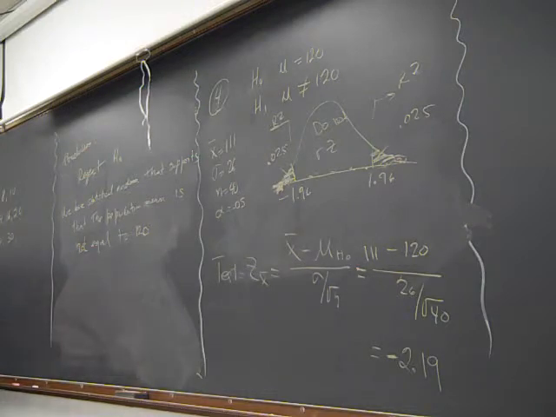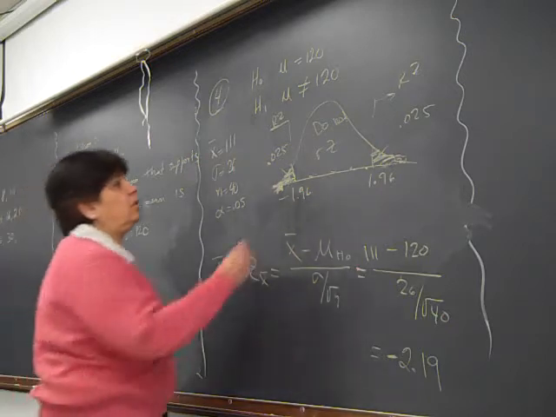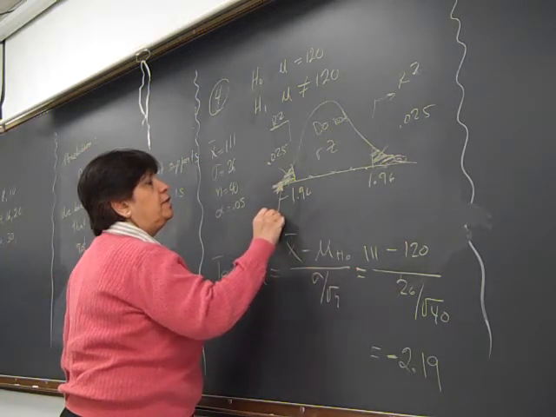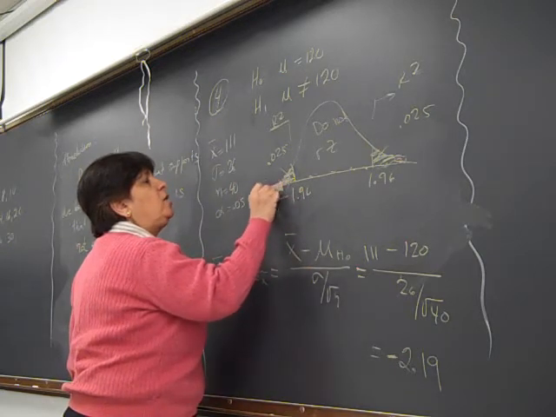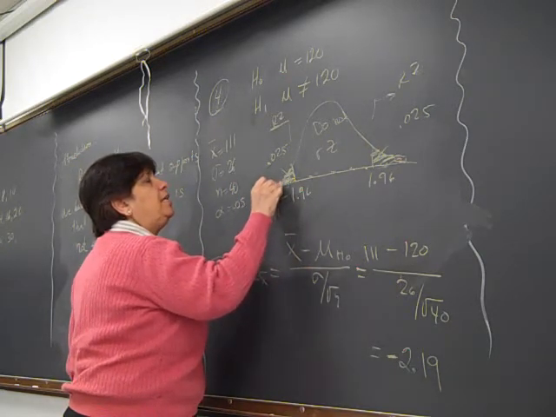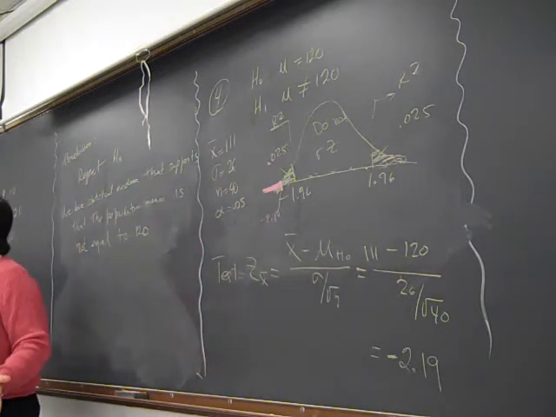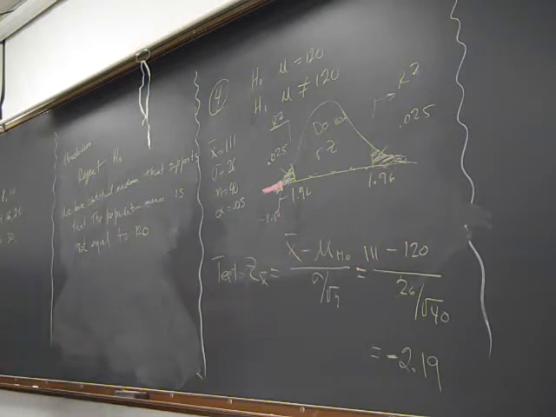That's it. What is the p-value? Okay, so this number over here is negative 2.19. So my p-value is this one, the pink one, times 2. Why times 2? Because remember that when we are dealing with the p-value, we have to multiply times 2 because we are dealing with a two-tail test.